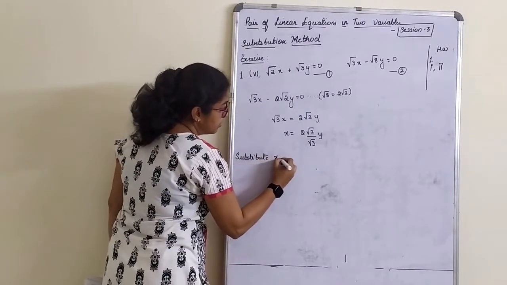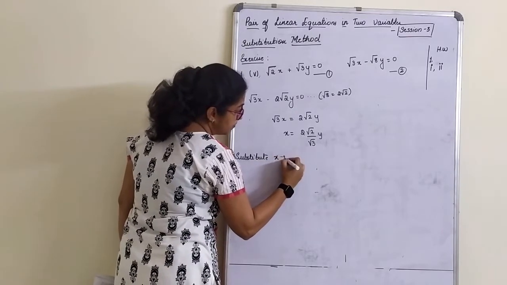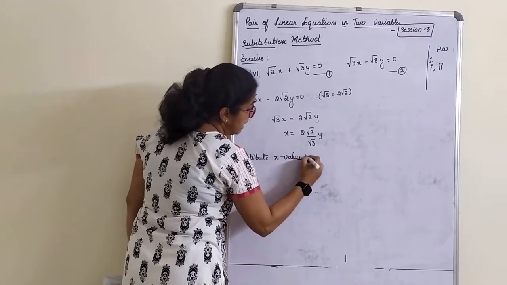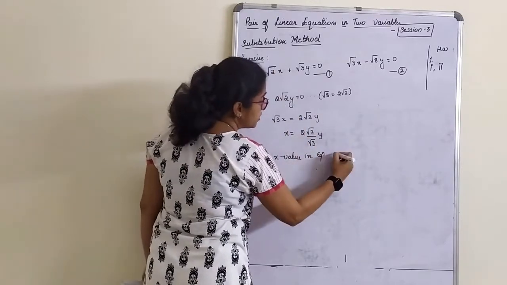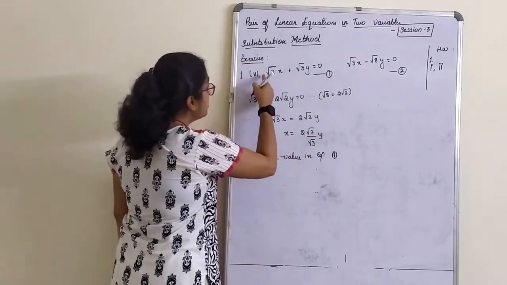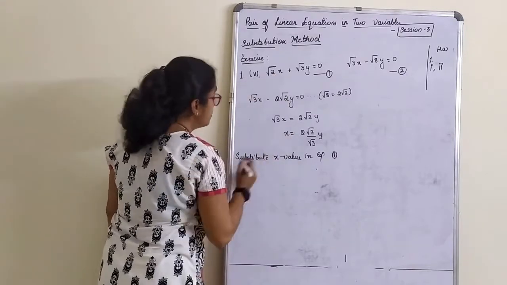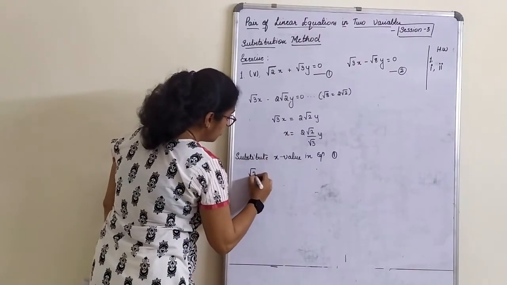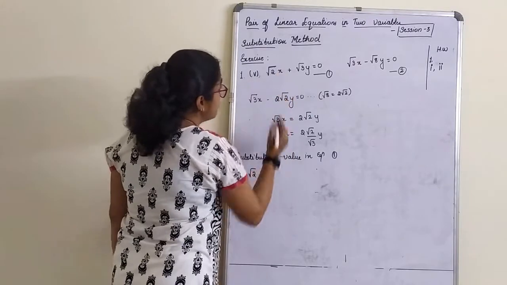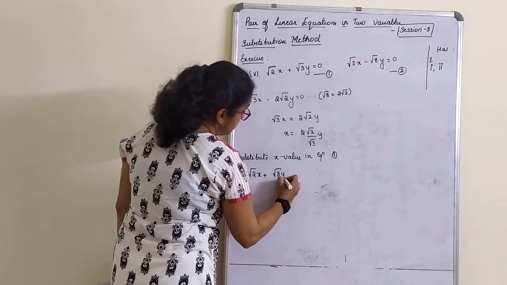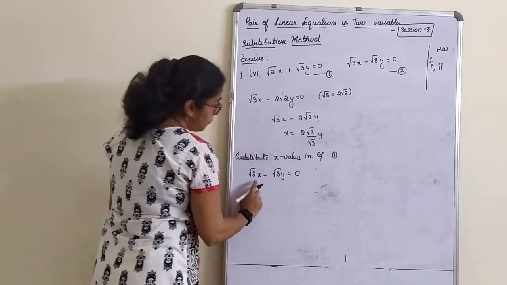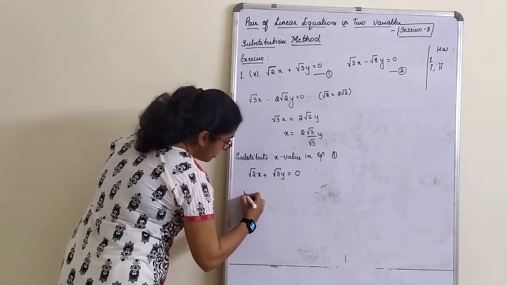Substitute the x value in equation 1, because we have chosen the second equation's value here. So wherever x is there, put this expression. Root 2 as it is, we'll copy the question first. Root 2x plus root 3y is equal to 0. Wherever x is there, we put this.